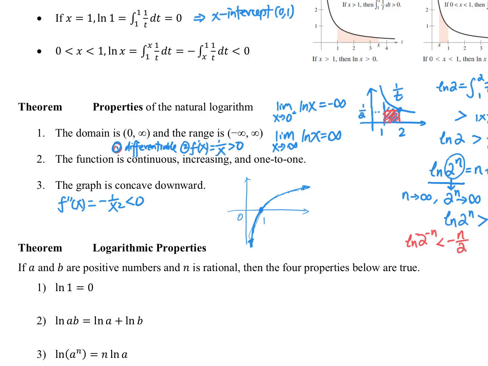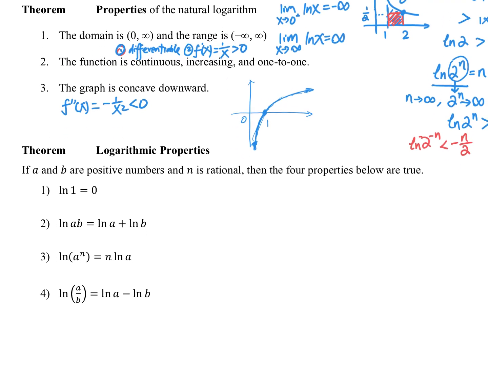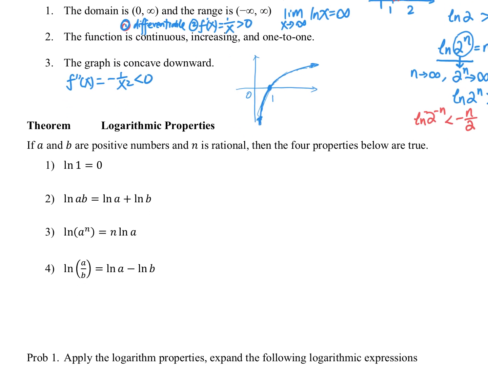All right, so those are some basic properties of the natural log, and now let's look at a few more logarithmic properties. Assuming a and b are positive numbers and n is rational, here we have the four properties. By the way, going through the proofs of these four properties will help you understand the definition much better, much deeper.